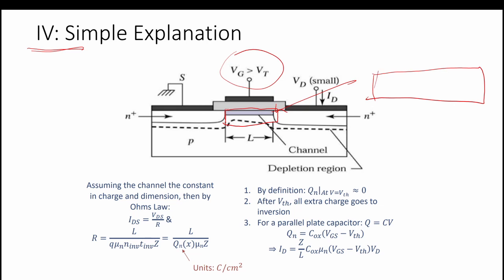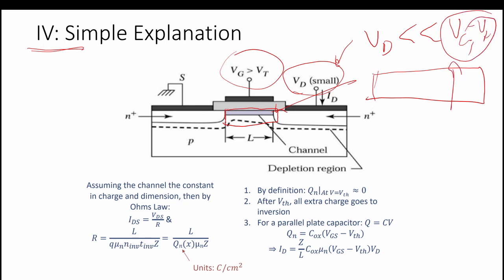Because we are applying VD very small, the voltage applied, VD, is much less than VG minus VT. VG minus VT is the gate overdrive.